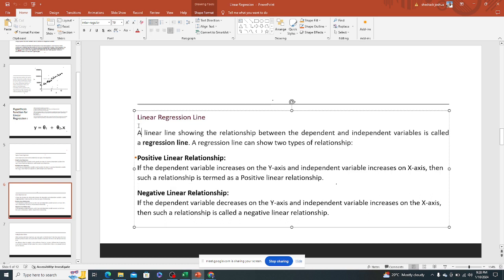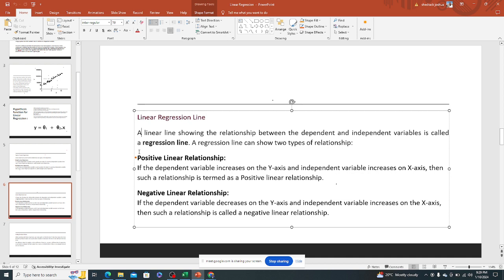Now on the notes, we have the linear regression line. A linear line showing the relationship between the dependent and the independent variables is called a regression line. A regression line can show two types of relationship: a positive relationship and a negative relationship.